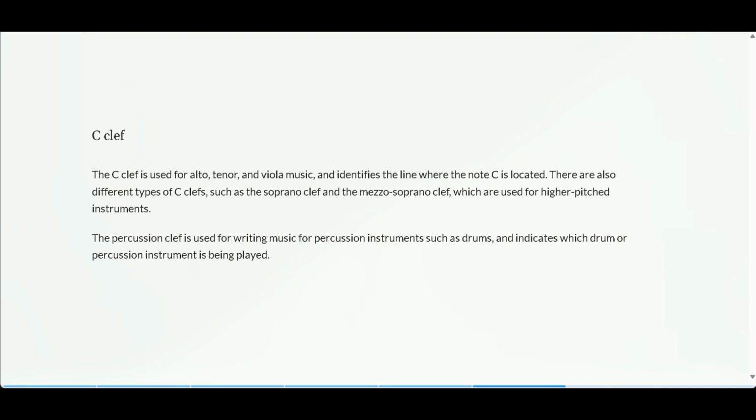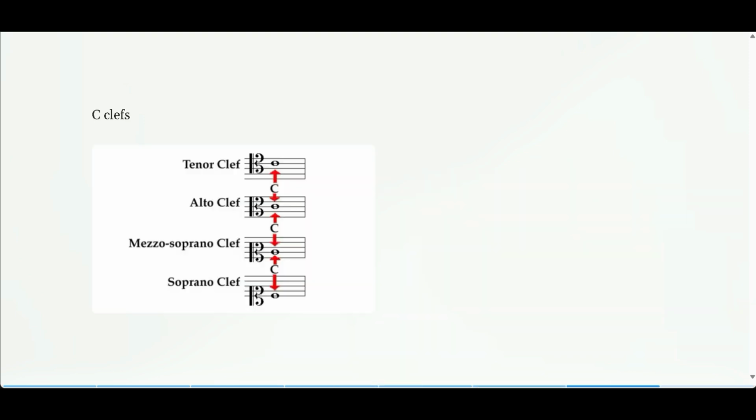So alto and tenor clefs are for viola music, and it has the middle C located at the middle, something like here. The same thing is written but in a different place, as you can see.